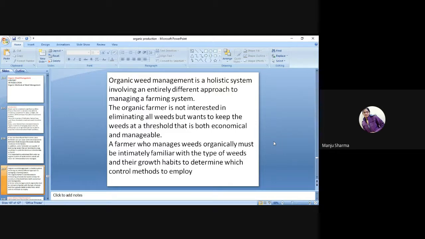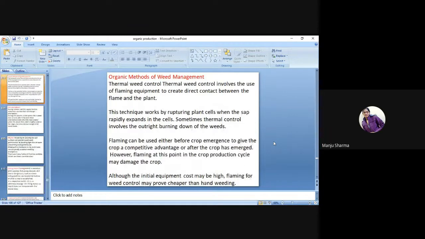So a farmer who manages weeds organically must be intimately familiar with the types of weeds and their crop habits to determine which control methods to employ.